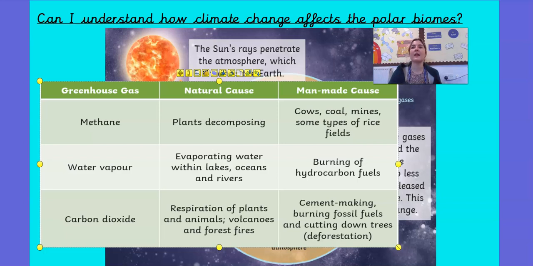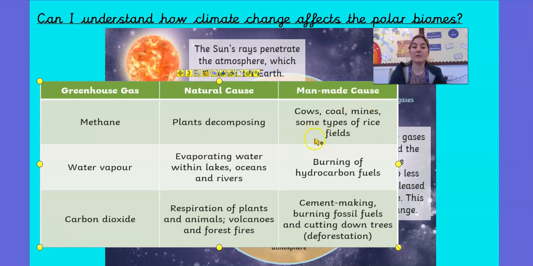Imagine if you left an orange outside for 2 weeks. You'd come back and that orange would be really mouldy. That means it's decomposing. So plants decomposing lets off a gas called methane, which then goes into the atmosphere. And this isn't a good gas. It's quite harmful to the atmosphere.